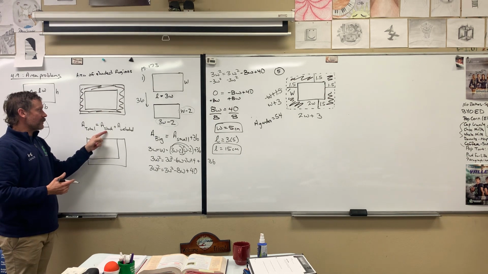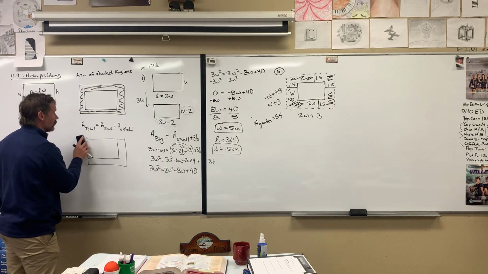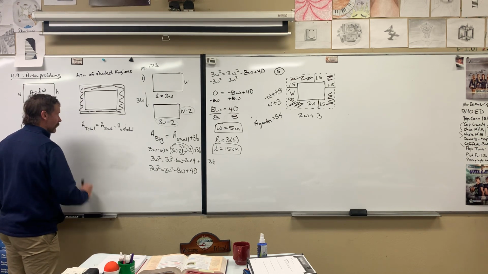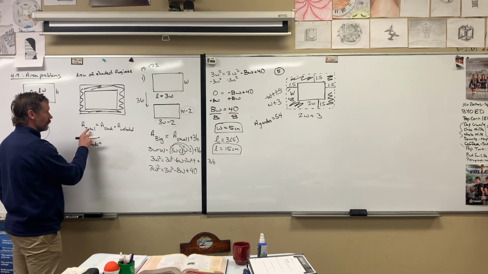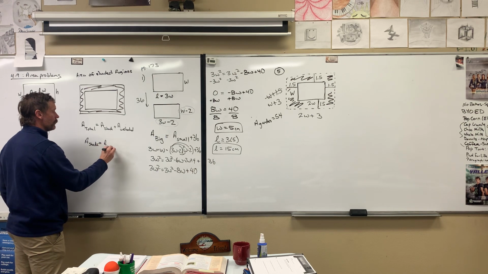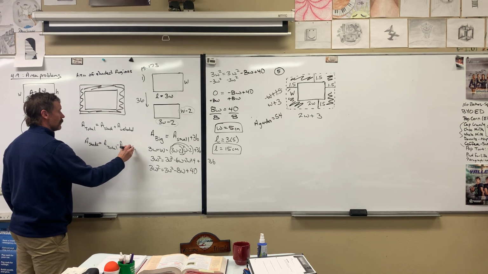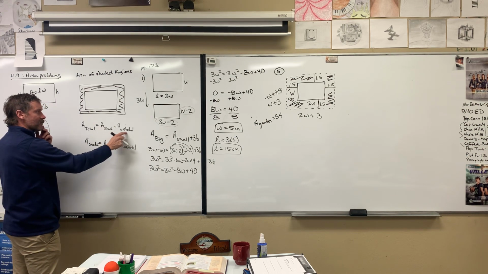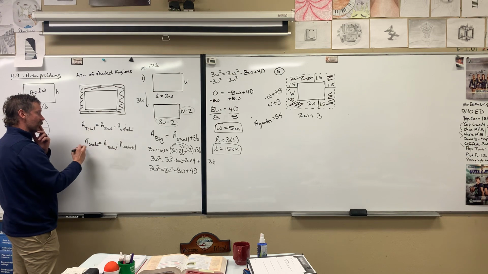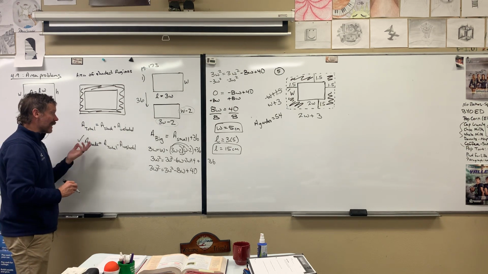Let me erase this. I didn't write it out, I just verbalized it. Area of shaded region equals area total minus area unshaded. So if I want to find this, I just take the area of the unshaded to the other side. So it seems that that could work.